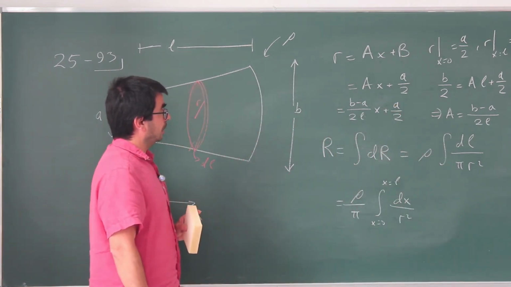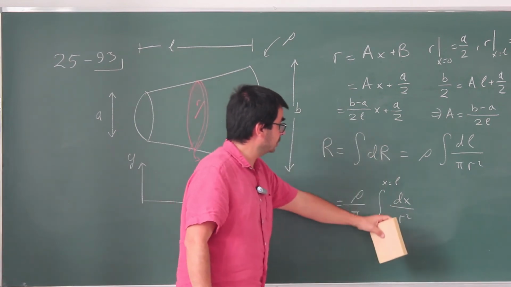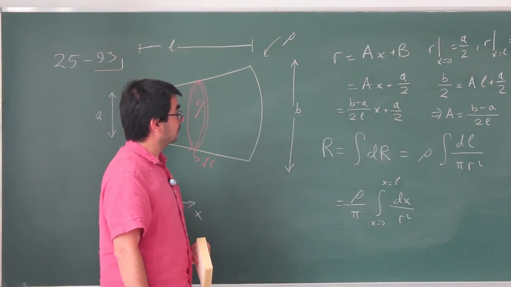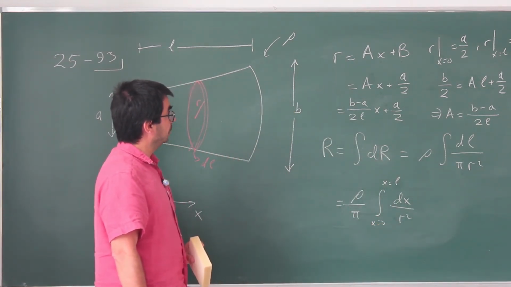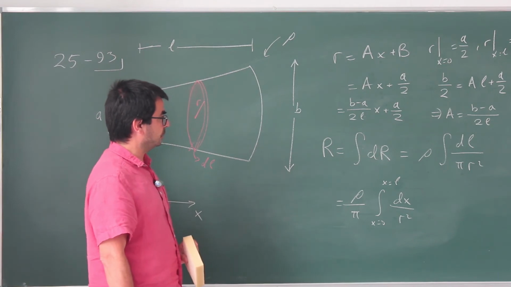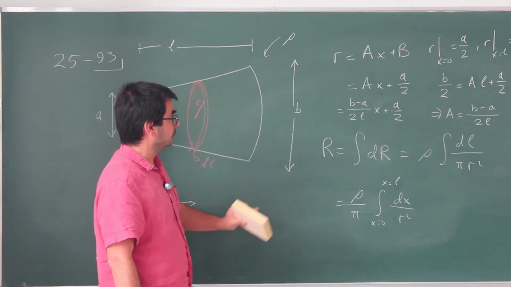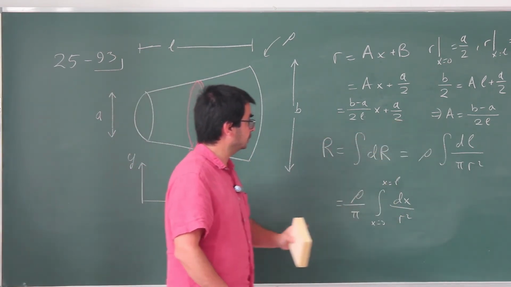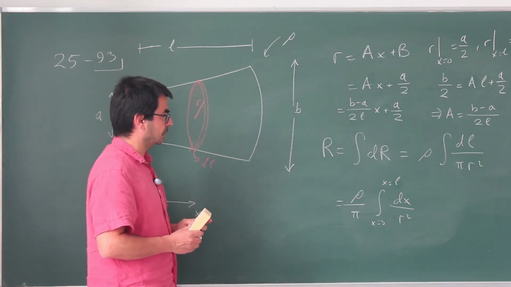Okay? Now you need to substitute this over here and take the integral. But that's not a very hard integral to take. I think first you need to make a substitution of variables to get rid of this a over 2 in the denominator, and then it's a simple integral of r squared.